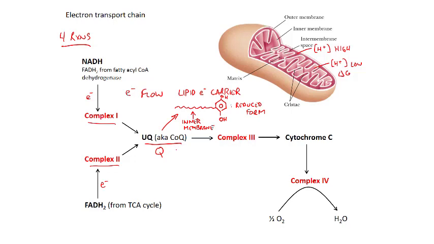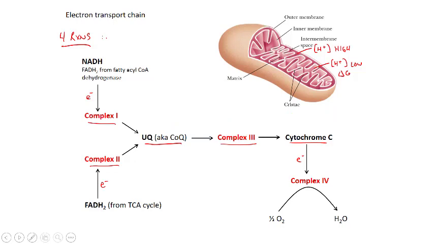So coenzyme Q is going to carry its electrons through complex 3 to cytochrome C. Cytochrome C is a protein electron carrier. And then lastly, cytochrome C hands off its electrons through complex 4 to oxygen, forming water as a byproduct.